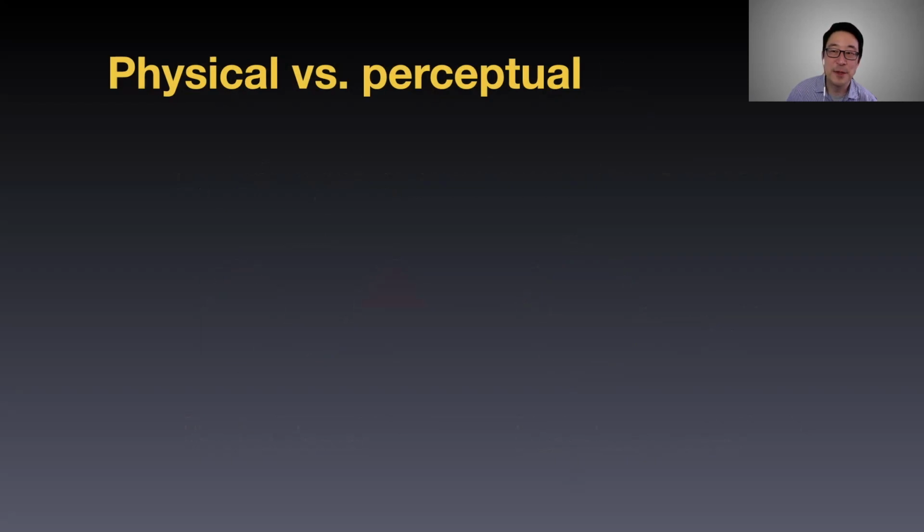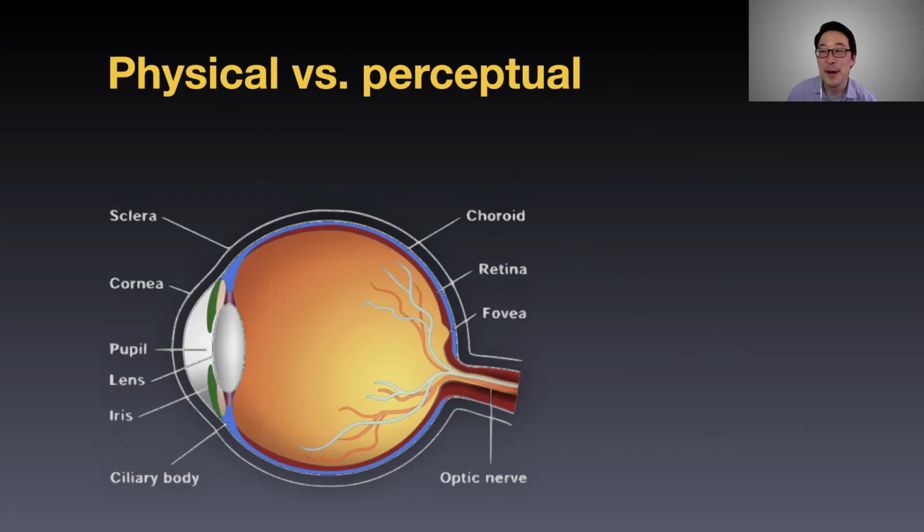So let's learn a little bit more about how we see. I'm sure you're somewhat familiar with your eyes and the anatomy of the eye a little bit. Really, the key part here for this class is what we see on the retina.